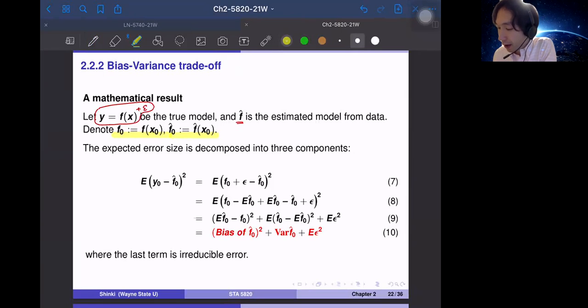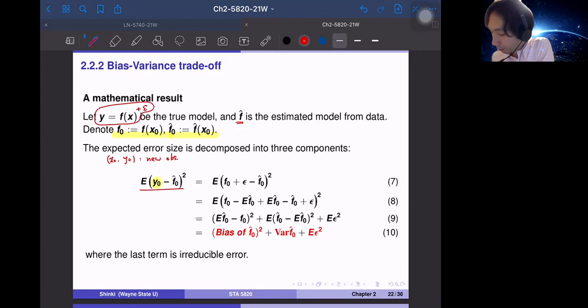Then what's the error size? (x0, y0) is the new observation. The pair x0, y0 is a new observation. Then what is the expected error size, the squared error size? The estimated f is based on observations x1, y1 to xn, yn.